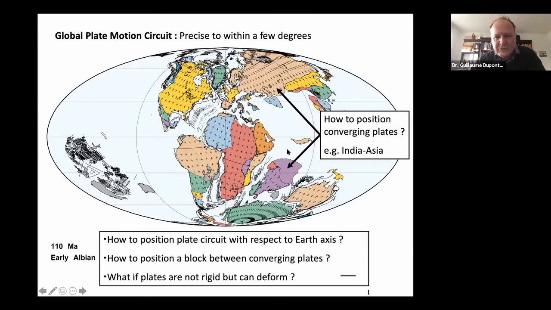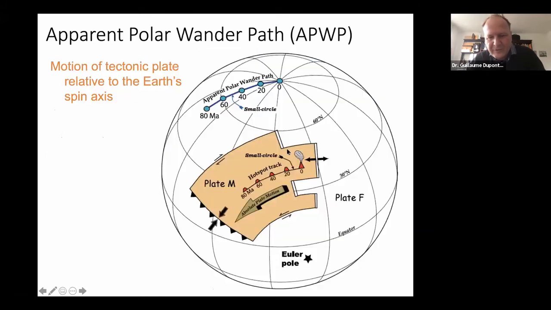I have a figure here that summarizes this. It's more theoretical, but you have a plate, this plate M, moving to the left. It's rotating. You see that these volcanoes coming from the hotspot below are being formed.